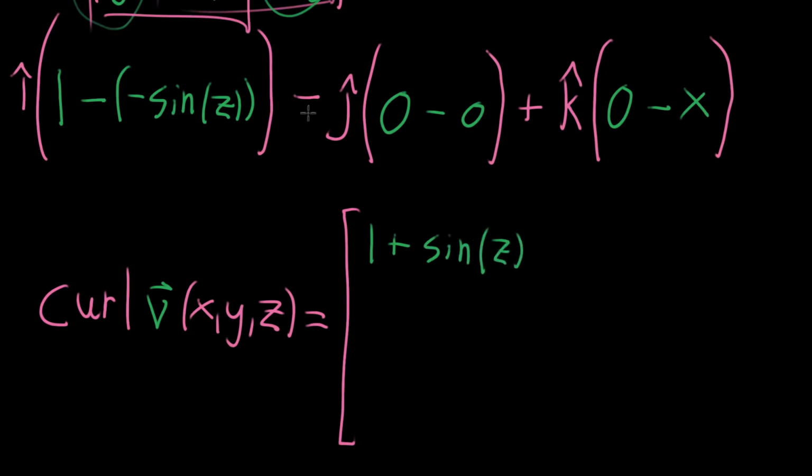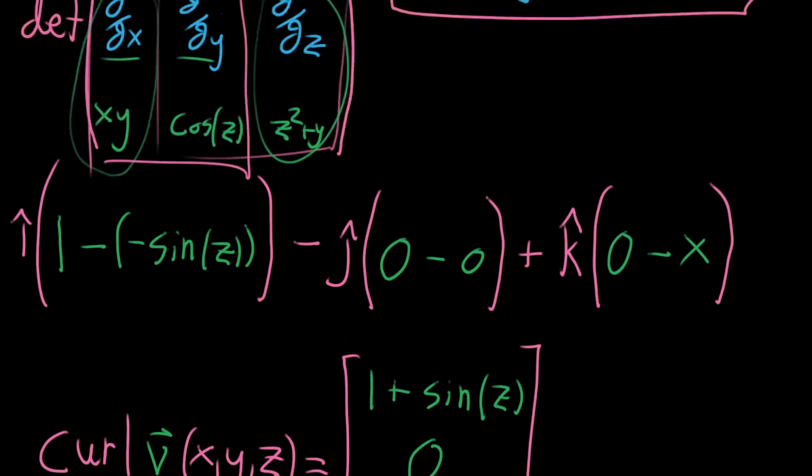And then the j component, we're subtracting off, but it's 0. Usually if you were subtracting off, you'd have to make sure to remember to flip those, but both of those are 0, so the entire j component here, or the y component of the output, is 0. And then finally we're adding the k component, which is 0 minus x. So that entire thing is just negative x. And that's the curl of the function.